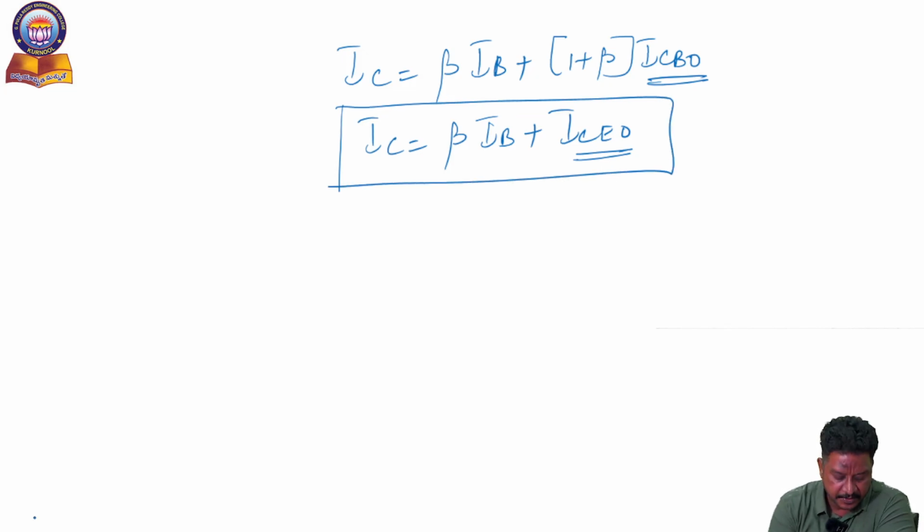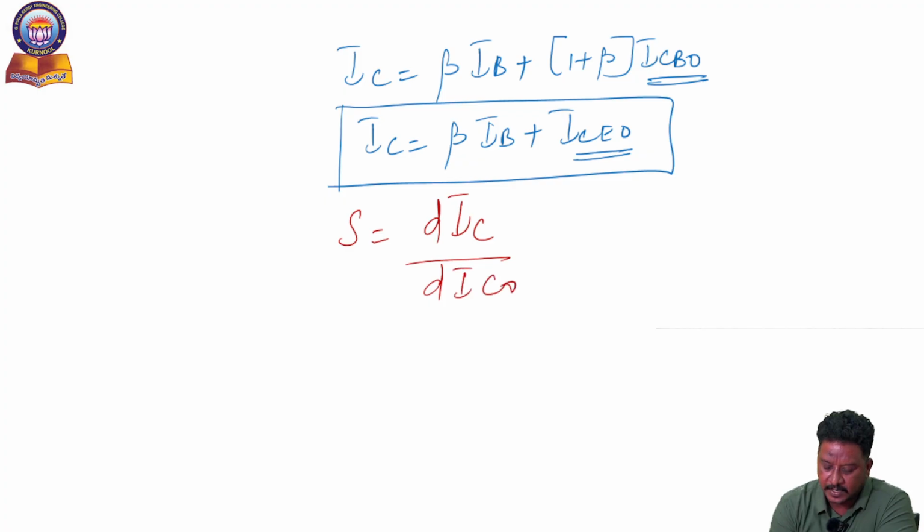Now I have to differentiate with respect to reverse saturation current to find the stability factor, which we know by the basic definition as the change of collector current with respect to change of reverse saturation current. Applying this condition, consider this as equation 2, differentiating with respect to IC naught on LHS as well as RHS of equation 2.